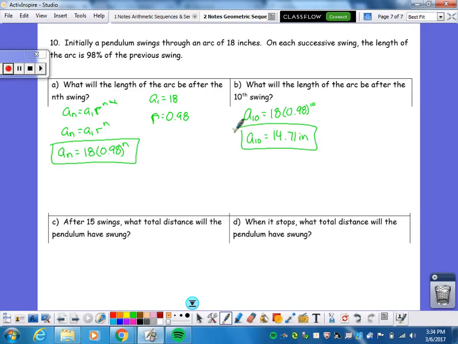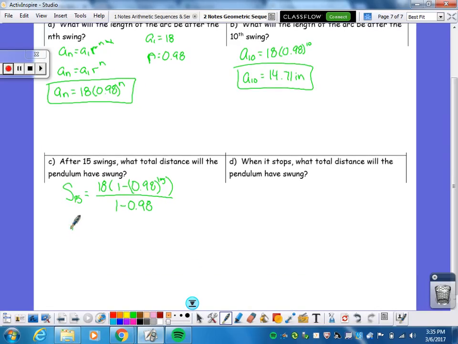After 15 swings, what total distance will the pendulum have swung? So we're going to use our summation formula. S sub 15 is equal to 18 times 1 minus 0.98 to the 15th power divided by 1 minus 0.98.